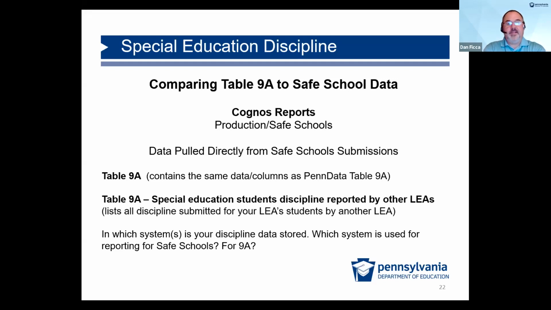So in the second example about the student who was disciplined at an IU by an IU building, the IU would enter that information in. You would see that on your table 9A, and in the reporting LEA, it would show the AUN and name of the intermediate unit that imposed the discipline and reported in 9A.